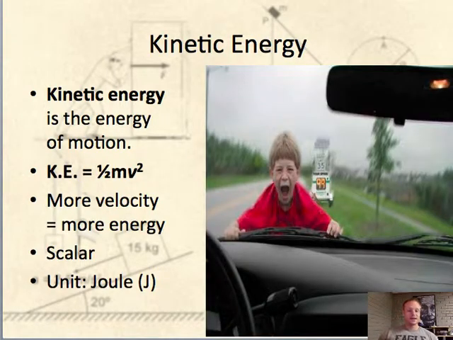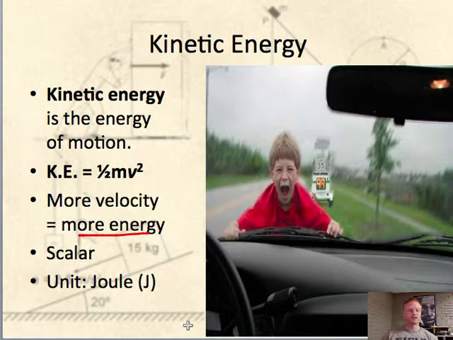Kinetic energy is energy in motion or movement. The formula for kinetic energy is KE equals 1/2 mass times velocity squared. The more velocity you have, the more kinetic energy you have.